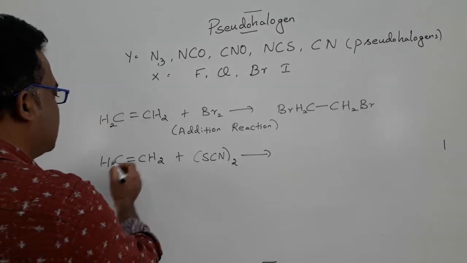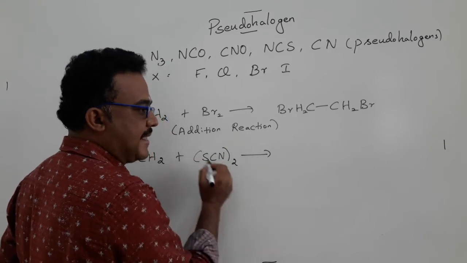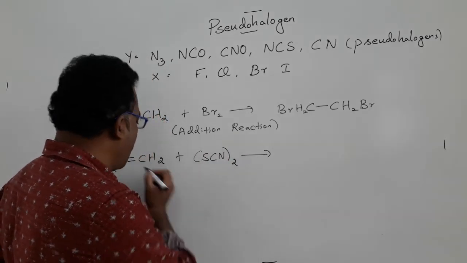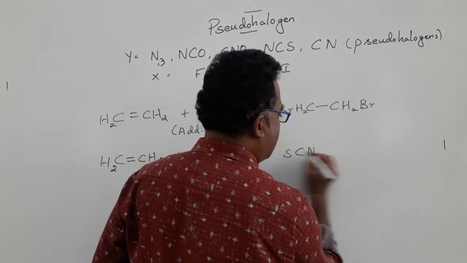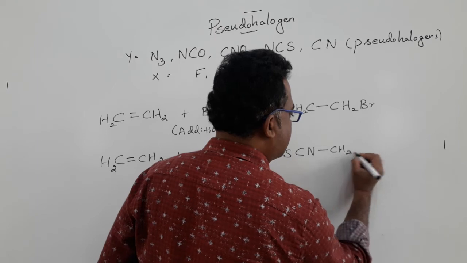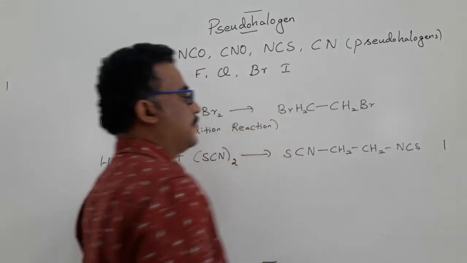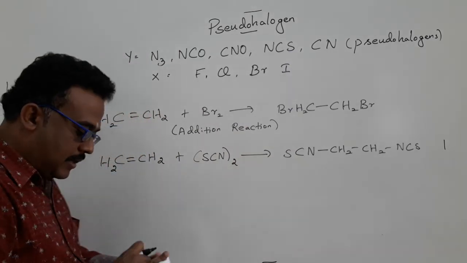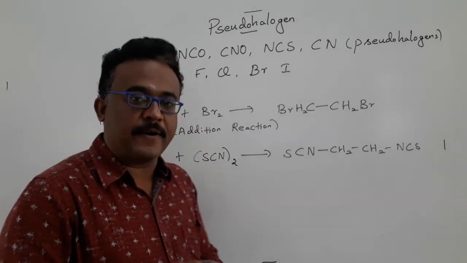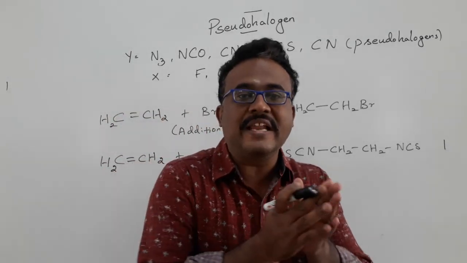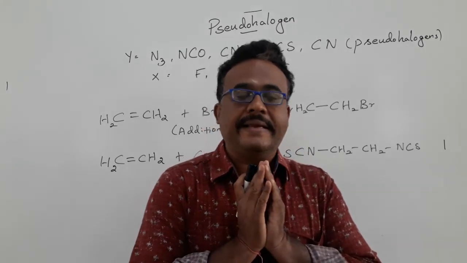This kind of dimer of pseudo halogen radical also undergoes addition reaction with the alkene. I think I have discussed enough properties which closely associate halogens with inorganic ambidentate ligands.